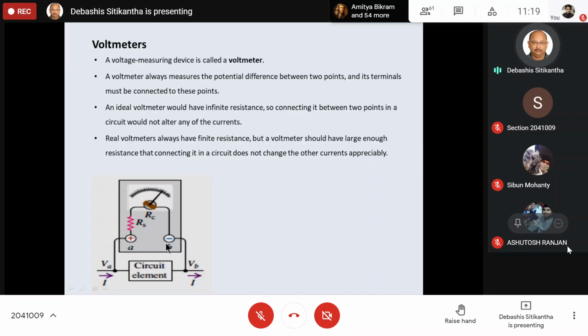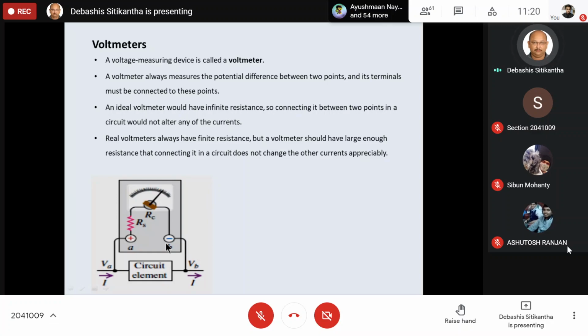So in this way it is going to give you erroneous values. For that purpose, knowingly we increase the resistance of the voltmeter coil. So always remember that the ammeter is going to have the least resistance, whereas the voltmeter is going to have the highest resistance possible. Usually they are in mega ohms, but ideally it should be infinite, but the truth is that it is in terms of mega ohms, but not infinite.